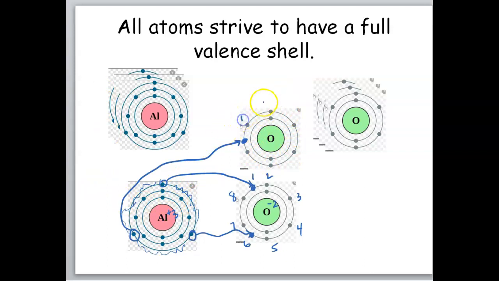It at this point only has 1, 2, 3, 4, 5, 6, 7 electrons. This means that it needs to have 1 more electron. Where is it going to get that electron? It needs to get that electron from something that's going to give electrons. And we know that aluminum is happy to give electrons.